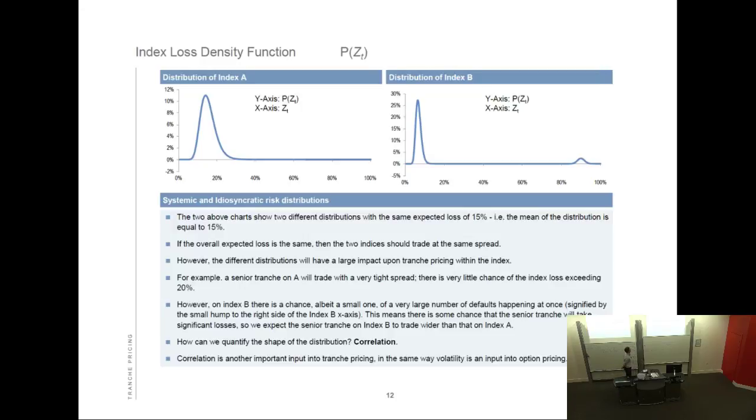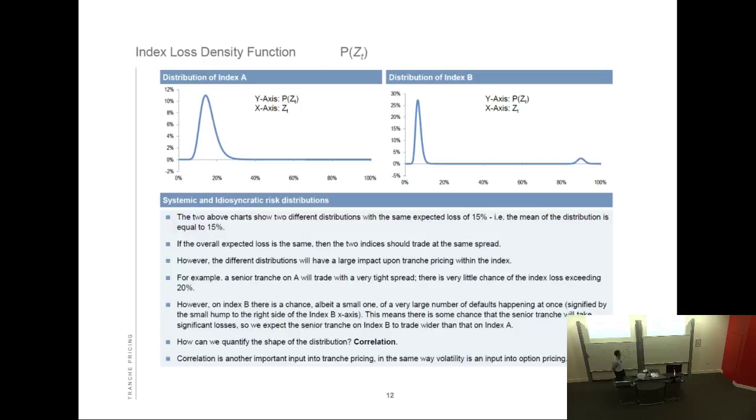Okay, so the distribution on the right would give higher prices to senior tranches over equity tranches, and the one on the left would give higher risk to equity tranches than senior tranches.